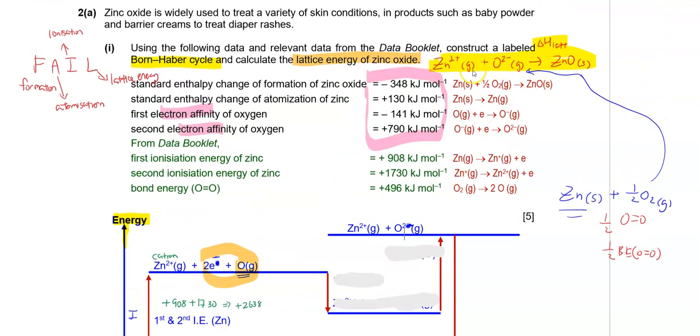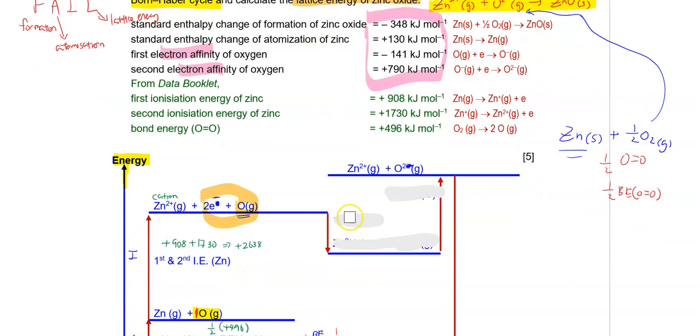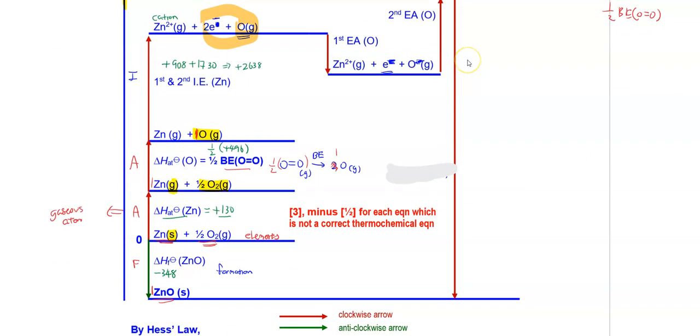As I said, this is the final state before you can use a lattice energy. So consider the first EA of oxygen. So first EA, basically you form O- gas. Alright, and then now you can see one more electron is used up. And then you get O2-. This is second EA. Okay, and then it goes all the way down to your delta H lattice energy. Okay, because there's a definition of lattice energy. So in this case, the energy cycle is worth 3 marks.